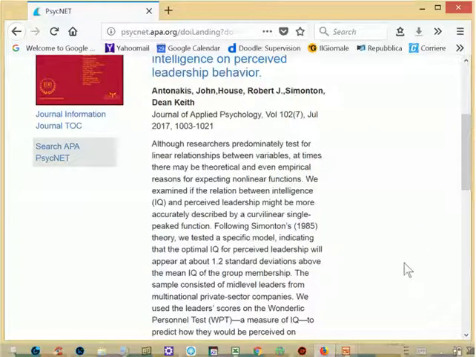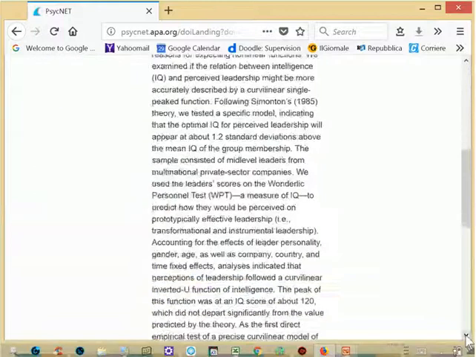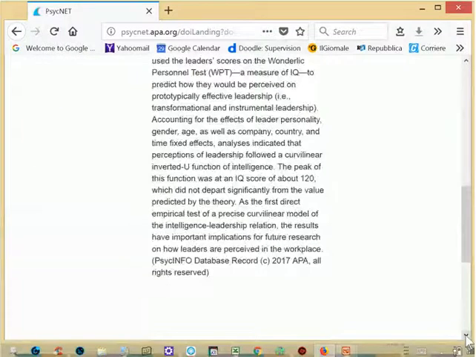And when we say we examined if a relation between intelligence, IQ, and perceived leadership might be more accurately described by a curvilinear single-peaked function. Quite complicated. Okay, I leave it to you, but this shows you something that the non-psychologist and even a psychologist would have a bit of a hard time to understand.